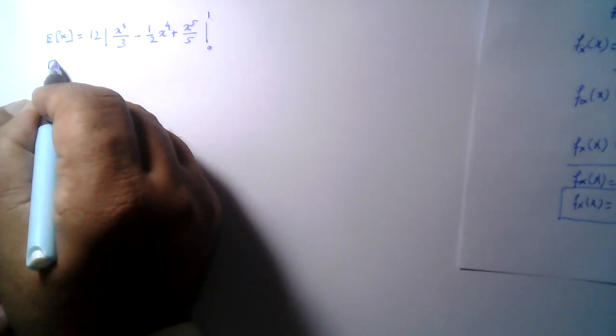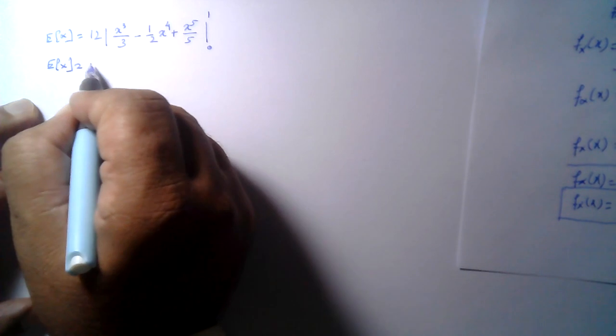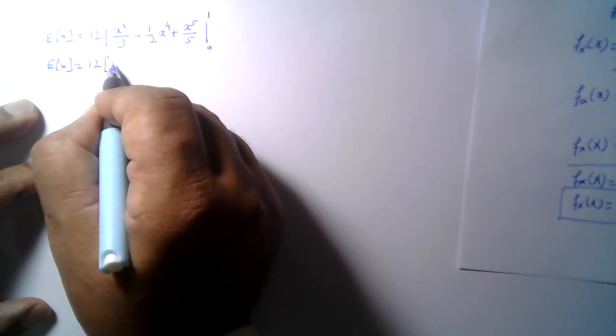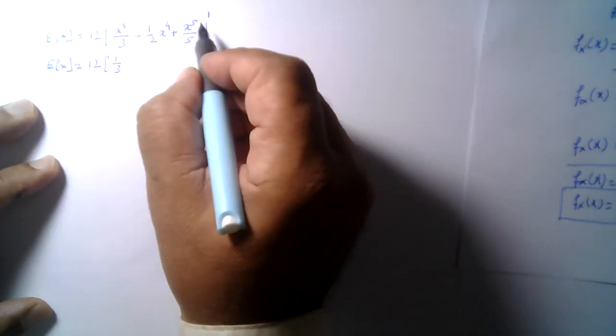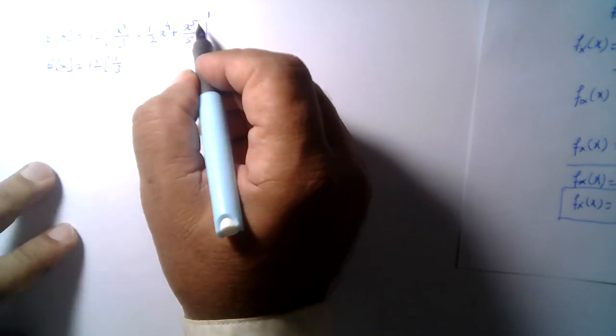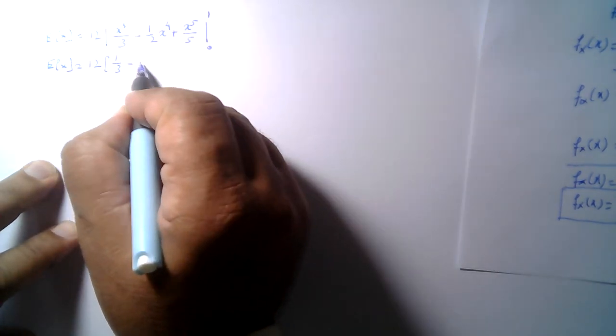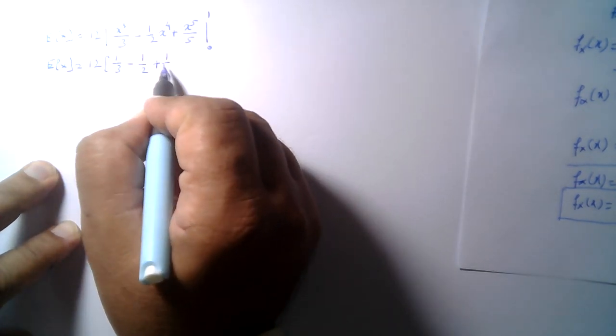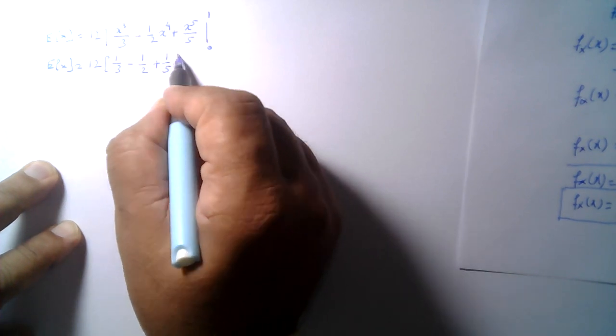So expected value of x is 12 into 1 over 3, we put the limits in, 1 over 3 minus 1 over 2 plus 1 over 5, and minus 0, right?